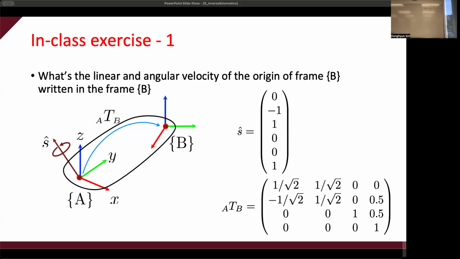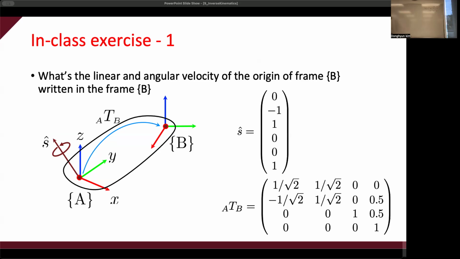let's solve this together. I think many of you already got the answer, but let's do this together. So the angular velocity part is relatively simple. We have angular velocity described in the frame A, which is 0, -1, 1, right?